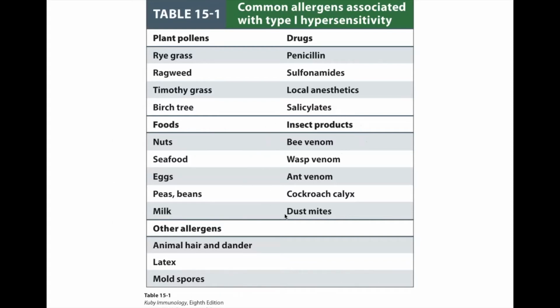Also, different insect products we can have hypersensitivities to. So things like different venoms, dust mites, people can have allergic reactions to that. There's other allergens like animal dander that fall into the category of allergies.